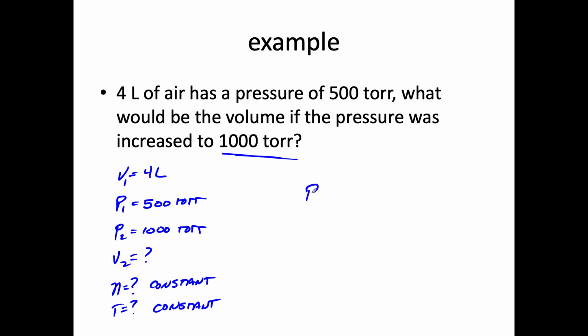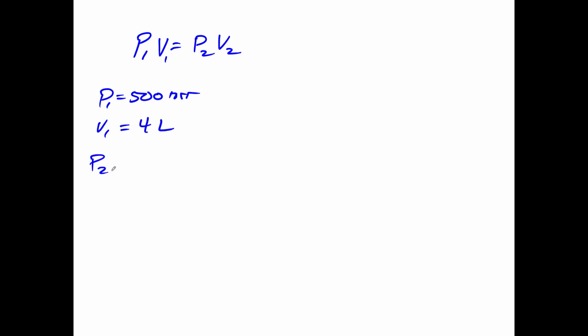So we're going to look at P1 V1 is equal to P2 V2. Now let me come over here where it's something clear. P1 is equal to 500 torr. V1 is 4 liters. P2 is 1,000 torr. And we're looking for V2.